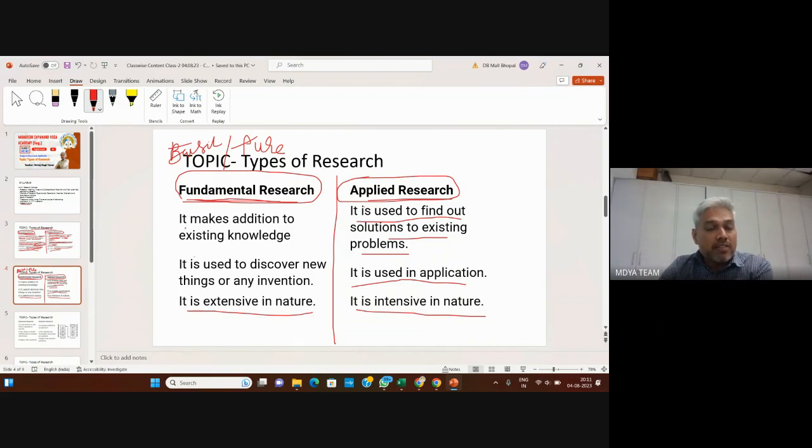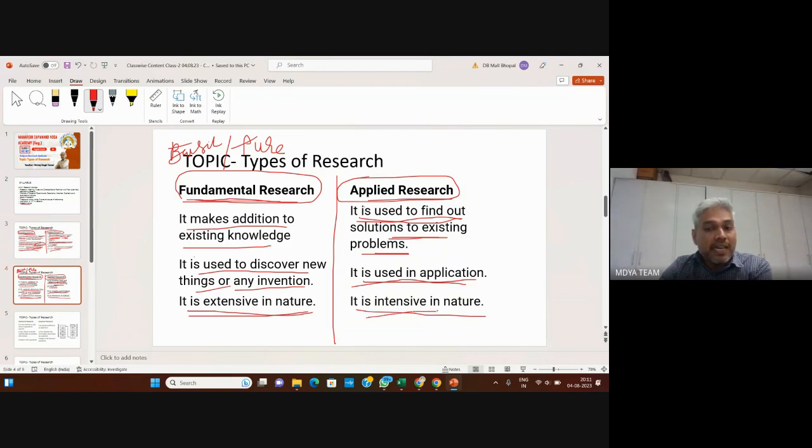What does fundamental research do? It makes an addition to existing knowledge. It is used to discover new things, right? Or any invention. It is extensive in nature. Whereas applied research is used to find solutions to existing problems. Remember these lines. It is used in application.